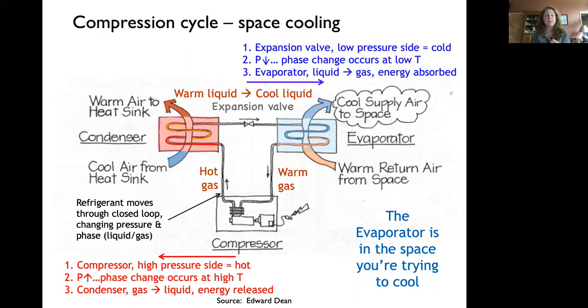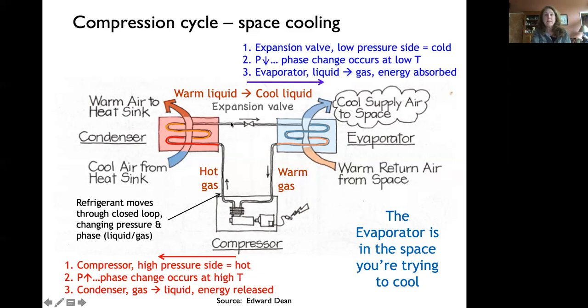So those are principles 2 and 3. High pressure, it's going to undergo phase change at that high temperature. So that's the hot side. And third principle, when it goes through the phase change from gas to liquid, it's going to release a lot of energy. So now you've got hot gas, which is now a warm liquid.